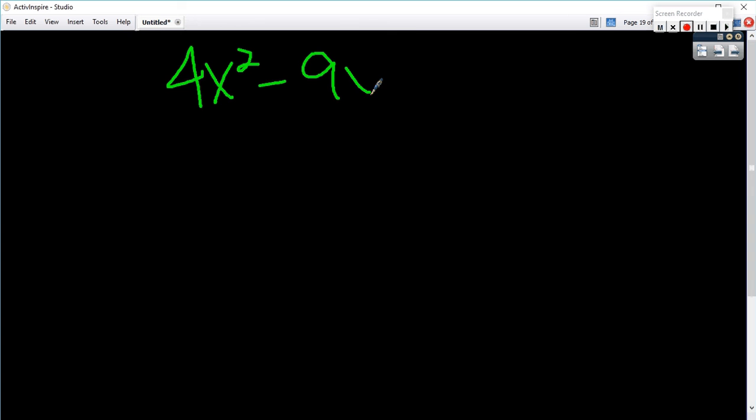We'll stay a little bit easy too here. All right, step 1. Do you see a GCF in this trinomial? No. So check. I'm good on that, right? Step 2. What are the signs going to look like?